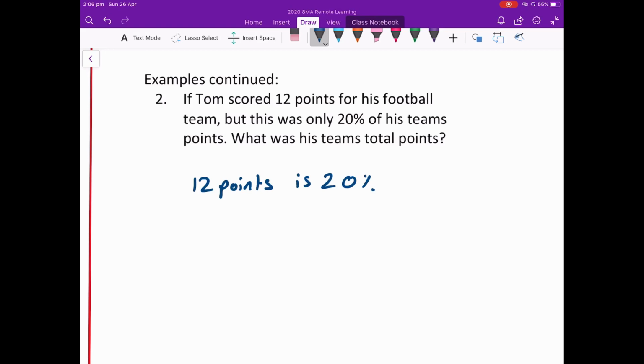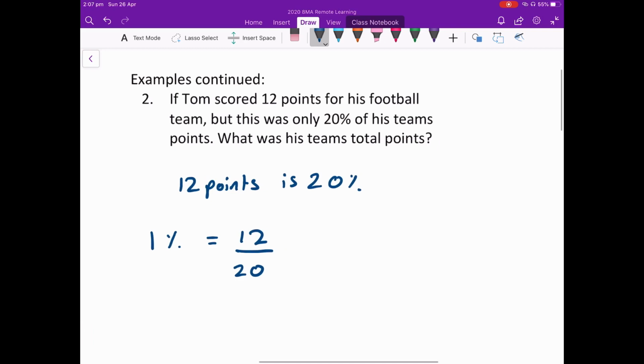So this gives us something to work with. We need to first of all find 1%. So here this would equal the quantity given over the quantity it represents. So 12 points over 20%. You can simplify that fraction, or you can put it into a decimal form. That will also be fine, or you could keep it as is.